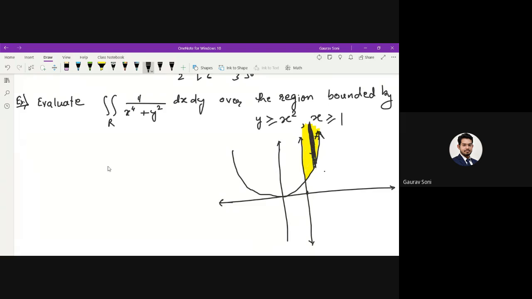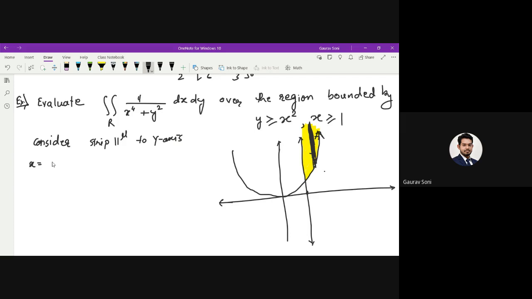When you take the strip parallel to y-axis, x is varying.